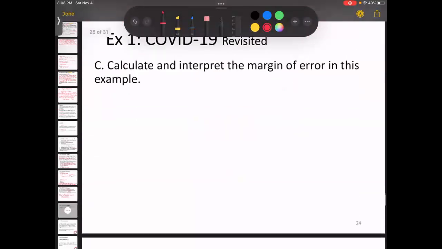Okay. So the latter part of this, rounding out this example, it asks for an interpretation of the margin of error. So the margin of error has a formula, and that is the upper bound minus the lower bound, all divided by 2. Okay, so we know what the upper bound is. We found that.